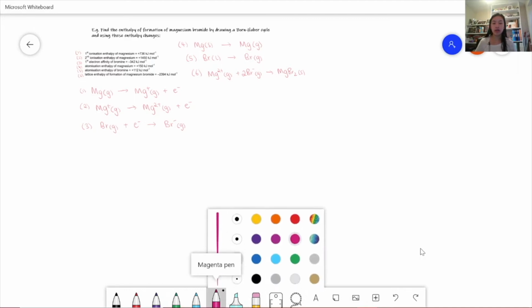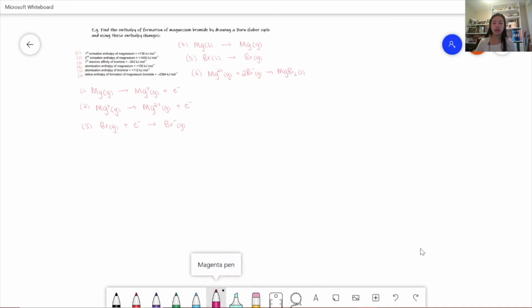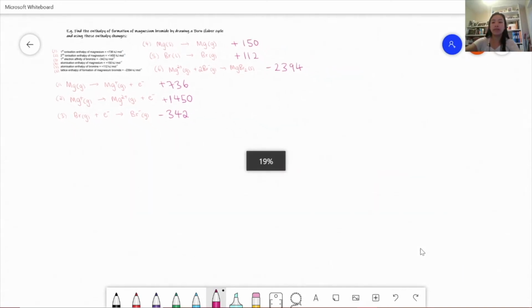I'm going to write all these numbers here so we can see them. So I've got 736, 1450, minus 342, plus 150, plus 112, and minus 2394.